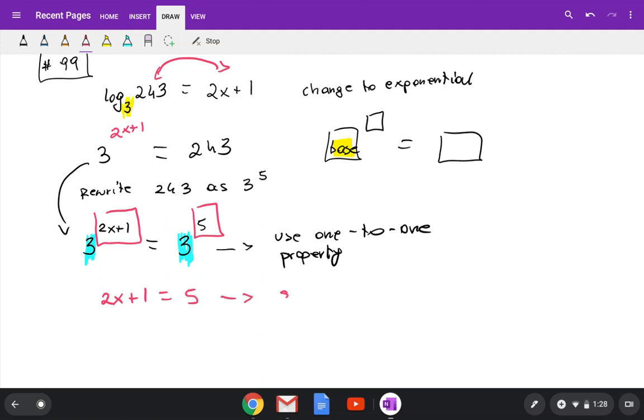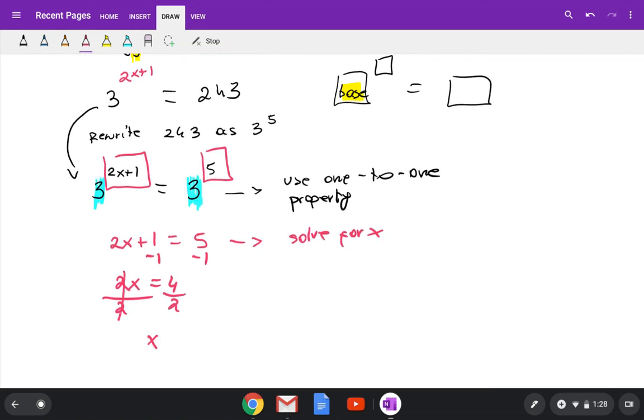And now just solve for x. We're subtracting 1 from both sides. We're getting 2x equals 4 and divide each by 2. And we're getting that x is equal to 2. And that's our answer. So this one was the example of how to use the one-to-one property.